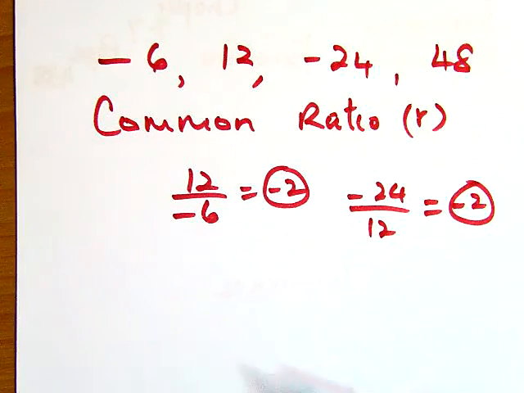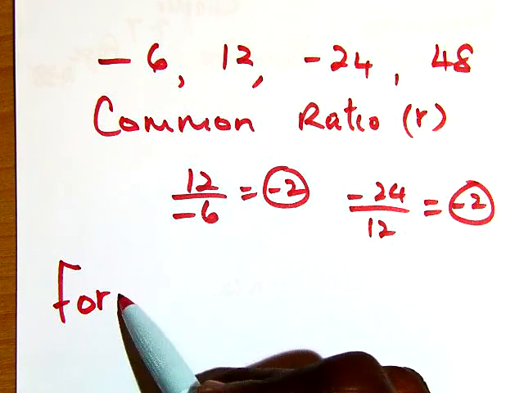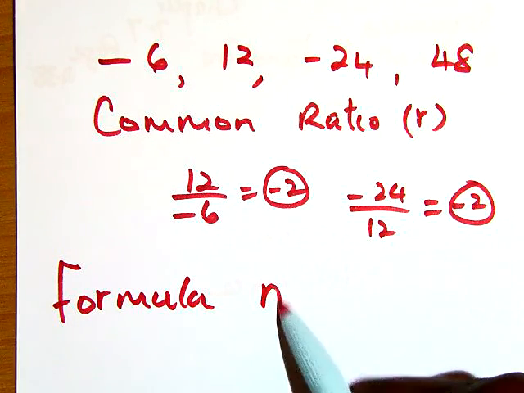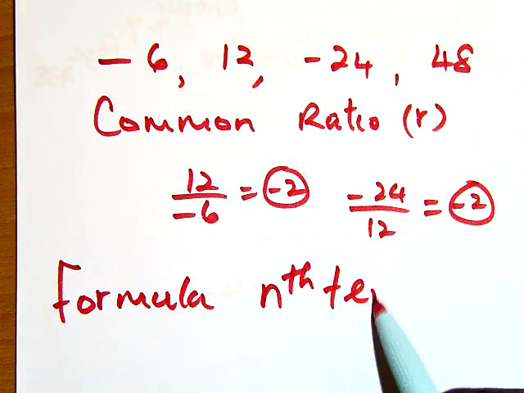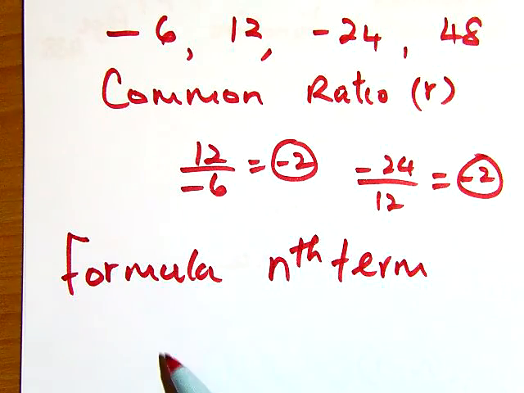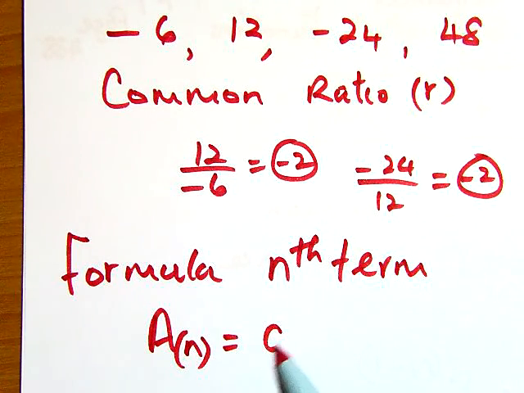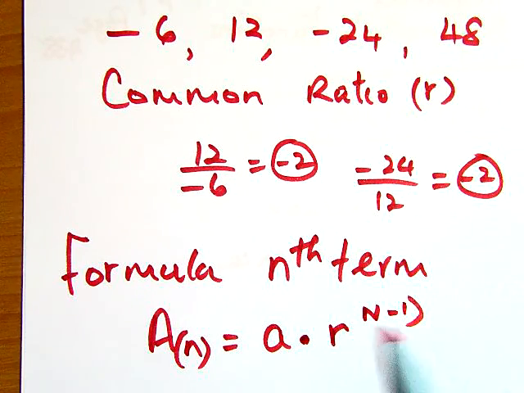So if I wanted to write a formula for the nth term, just as we did with arithmetic sequence, I take the formula for a geometric sequence, which is the nth term is equal to a times r to the n minus 1, and notice that that's a power. So my first term times my common ratio raised to the term number minus 1.